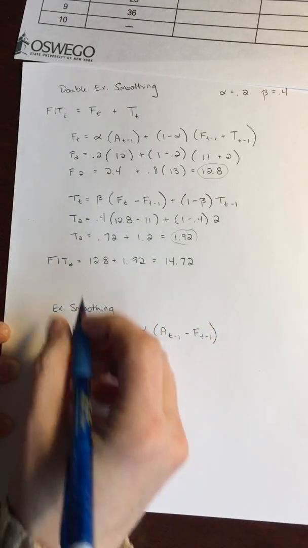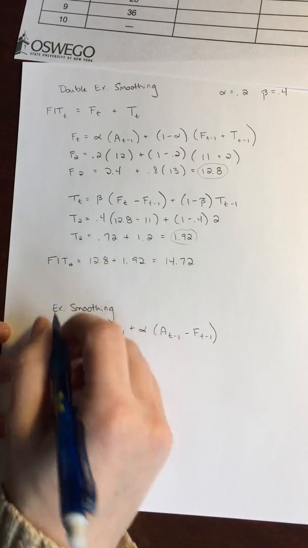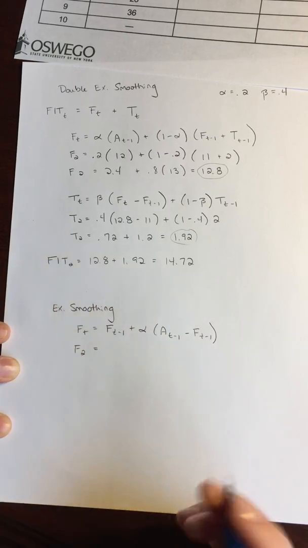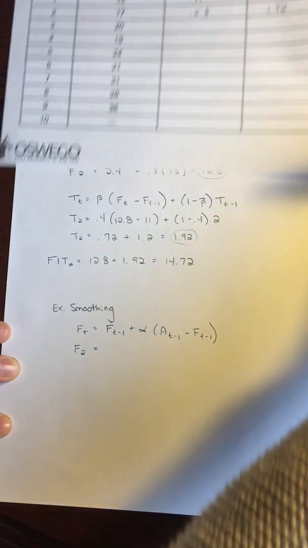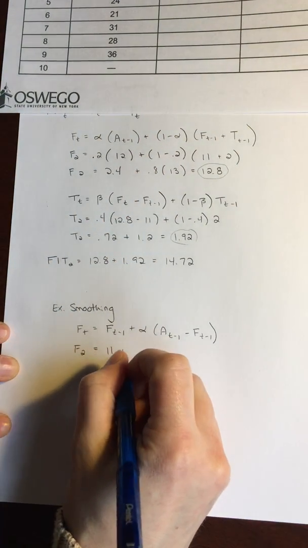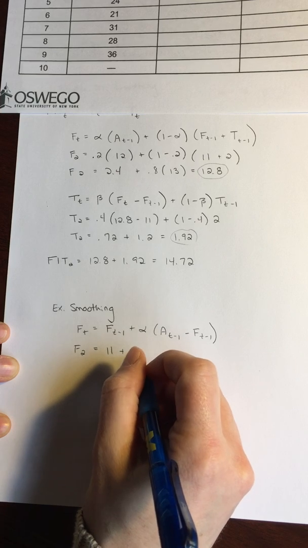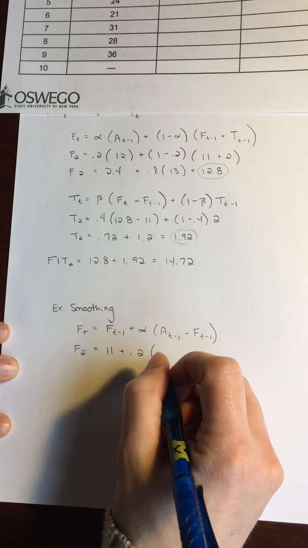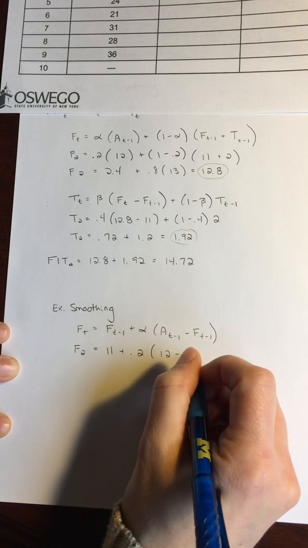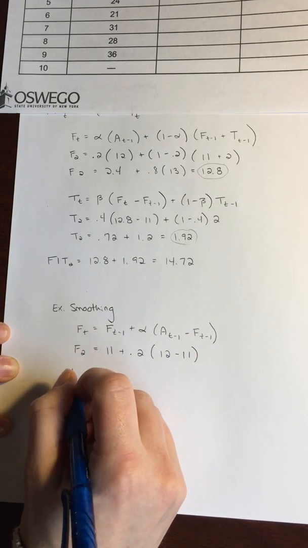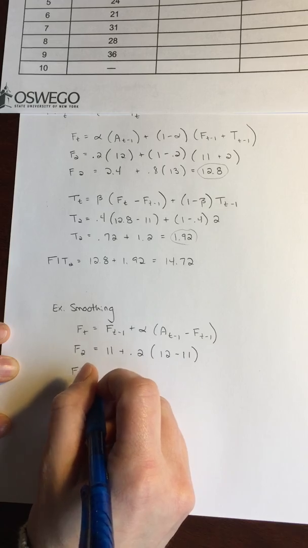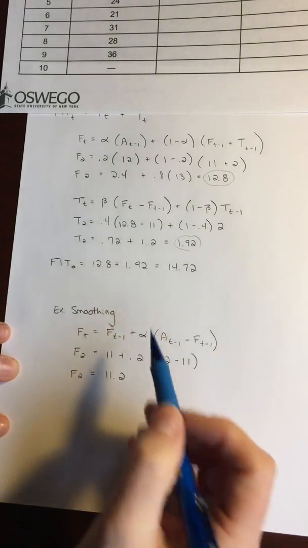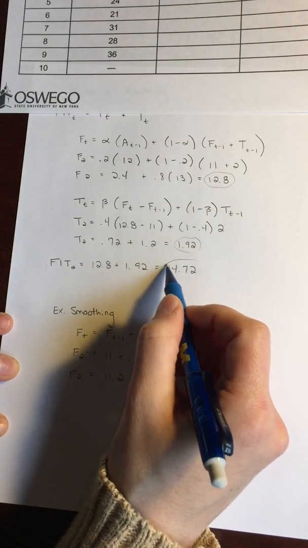So if we just did regular exponential smoothing for month 2, our forecast from the last time period again is 11, plus our alpha in this case is 0.2, all multiplied by the actual demand in the last time period, which is 12, minus that forecast again, which is 11, and that is going to give us a forecast in time period 2 of 11.2.